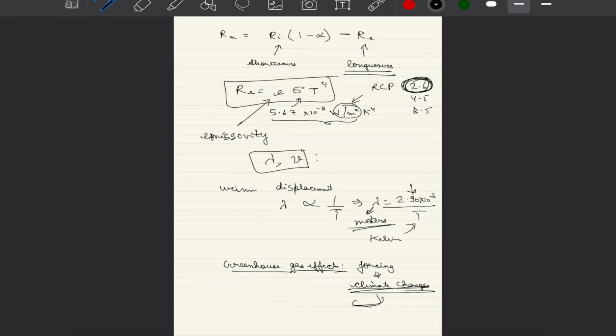Now that we understand what would happen to a radiation entering Earth's surface, we can write the energy budget, and we say that net radiation is equal to the sum of solar radiation received on Earth per unit area, which we represent by RS, and the atmosphere will also act as a radiator.